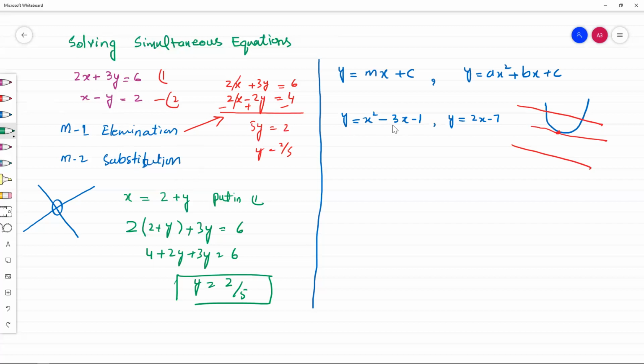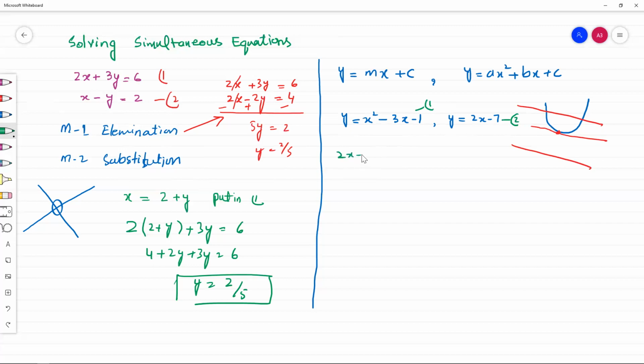Here I'm using the substitution method because the substitution method is more suitable when we solve a quadratic and a linear equation together. So I just put the value of y from equation number 2 in equation number 1.